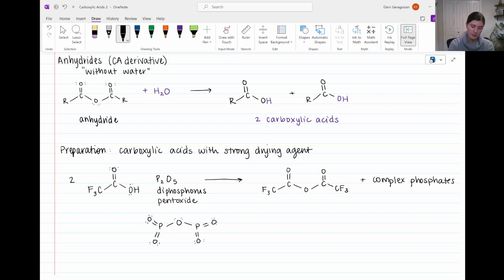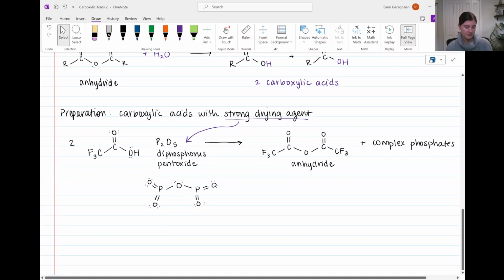So here is one strong drying agent, diphosphorus pentoxide. Carboxylic acids in the presence of that drying agent will produce the anhydride. So that is one way to produce the anhydride.